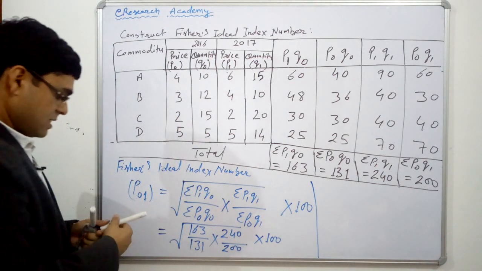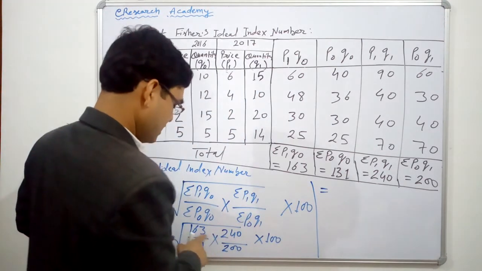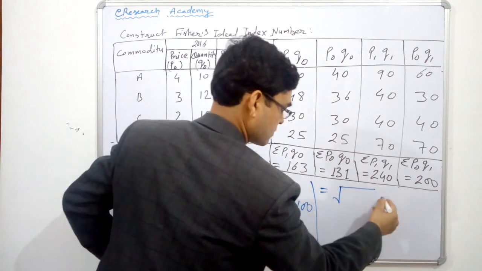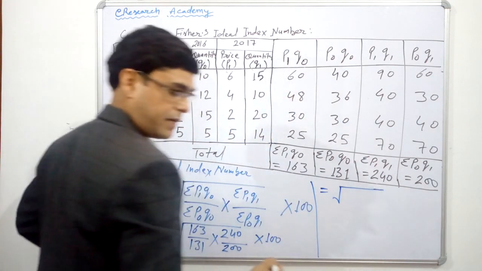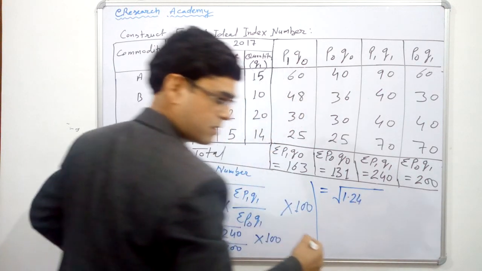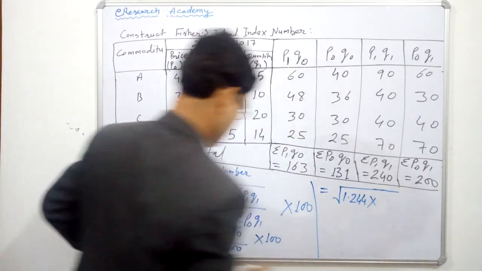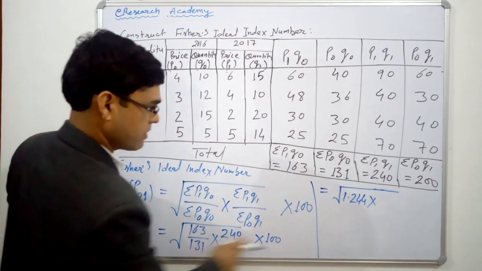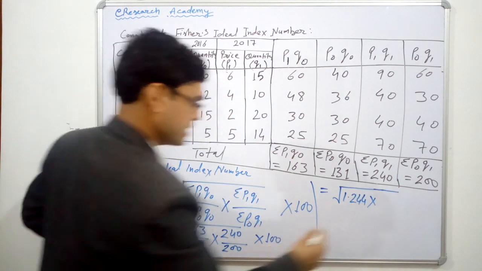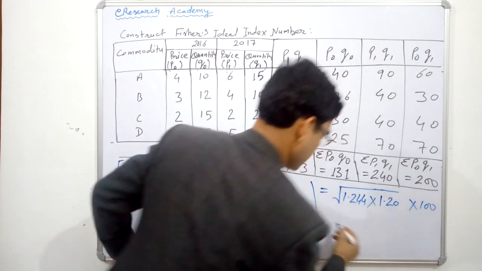163 upon 131 is 1.244, into 240 upon 200, which is 1.20, into 100.